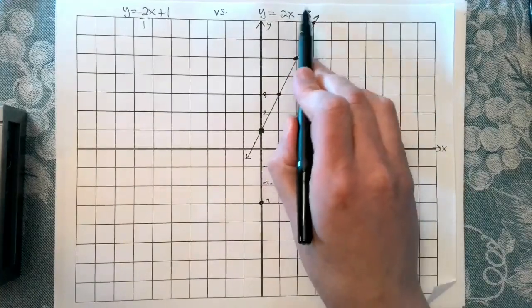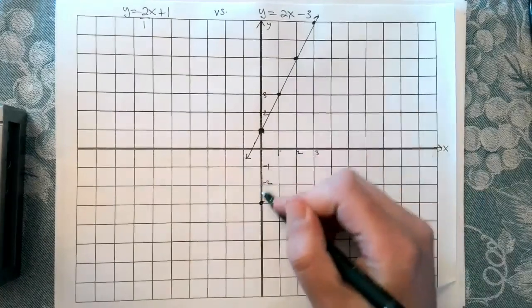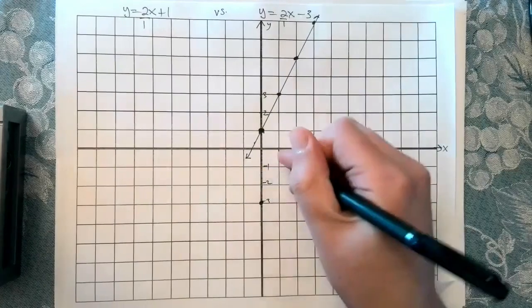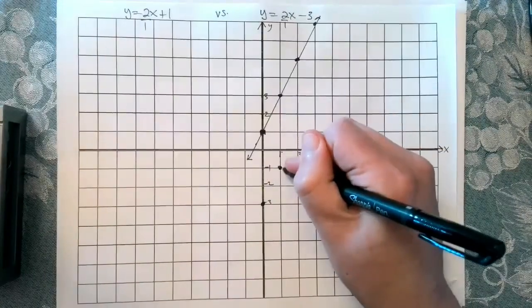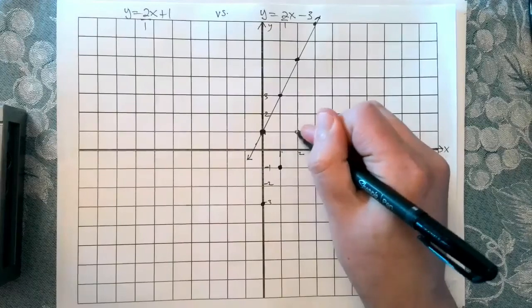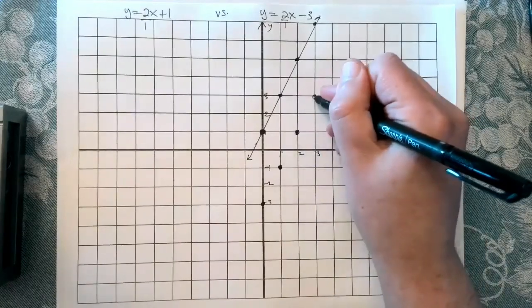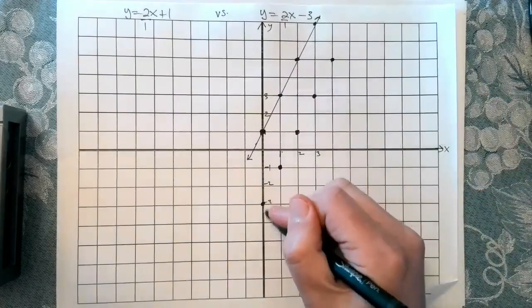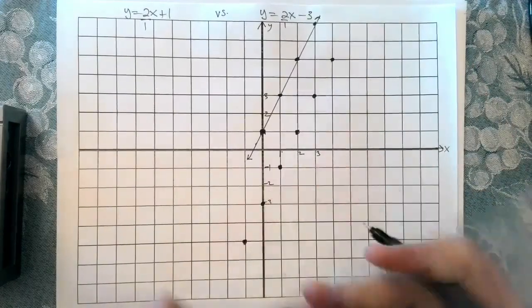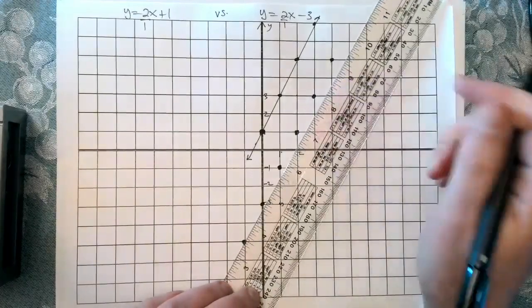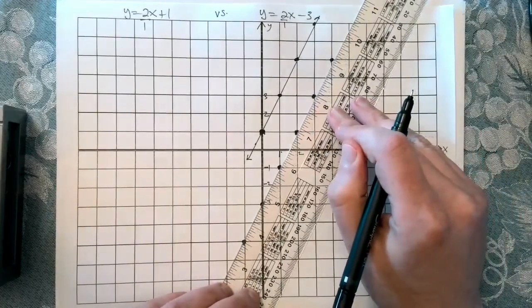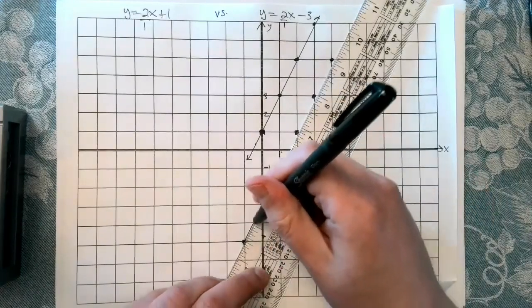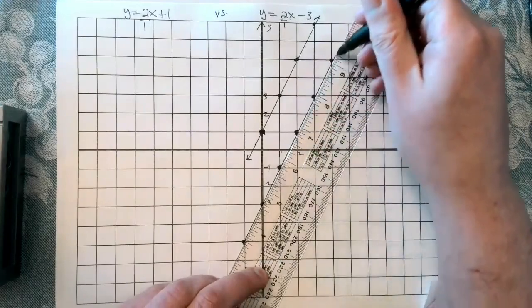So this corresponds to the y-intercept. And then from here, again, with the slope, I just want to go, looks like up 2 over 1, up 2 over 1, up 2 over 1, etc. So my second line looks like this.